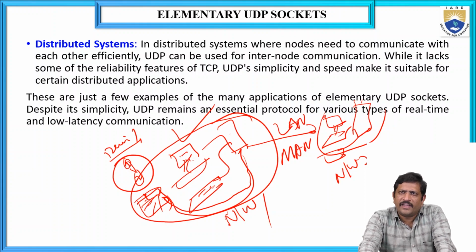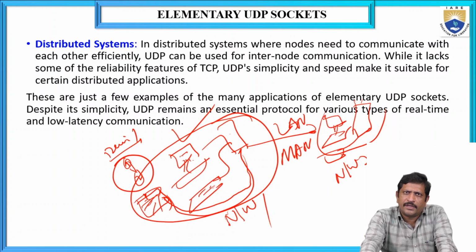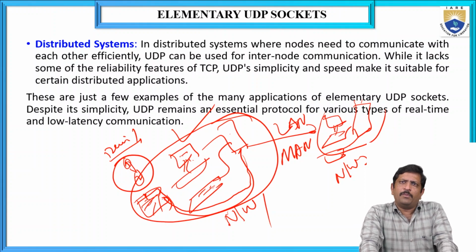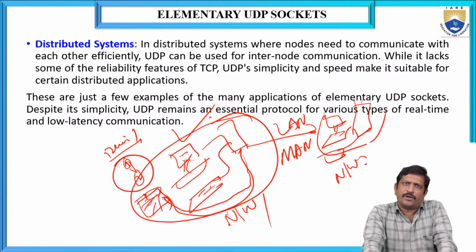In inter-node communication, while UDP lacks some of the reliability features of TCP, its simplicity and speed make it suitable for certain distributed applications. These are just a few examples of the many applications of elementary UDP sockets.